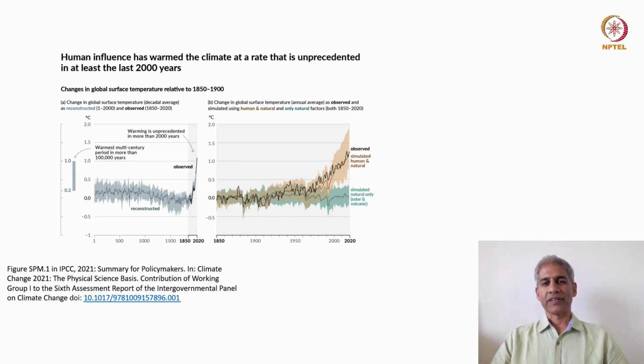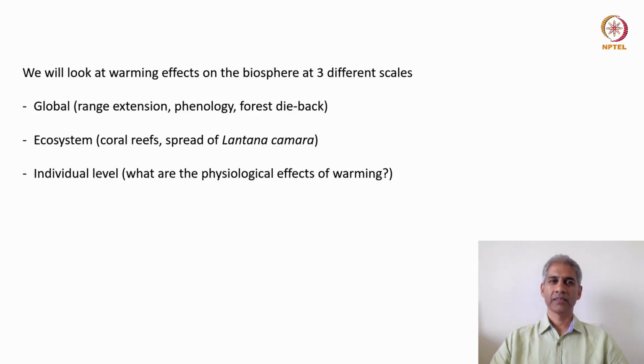The graph on the right shows the change in the global surface temperature, which has been observed and then simulated using human and natural factors. As we can see, only when we account for human factors does it explain the warming trend shown in the graph, which means that human activity is responsible for global warming.